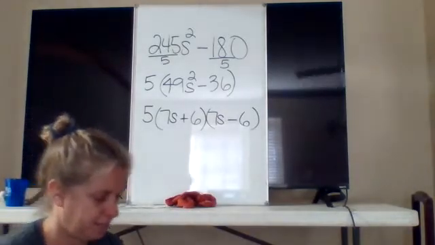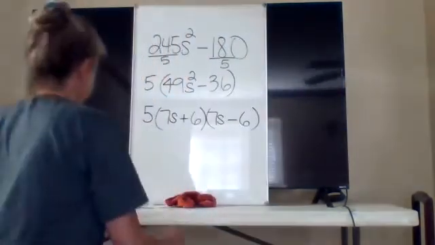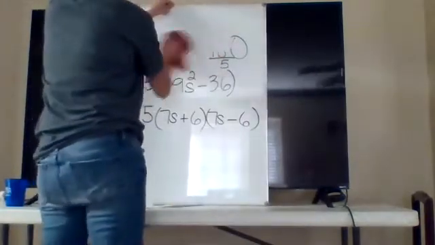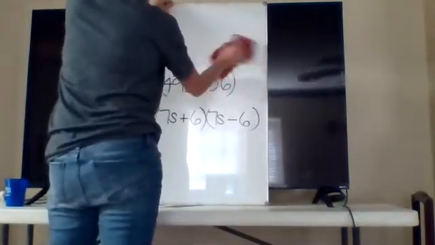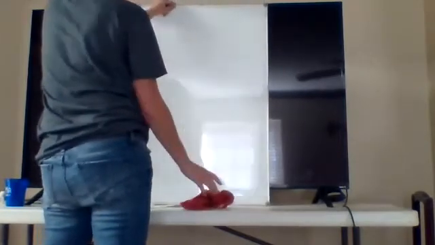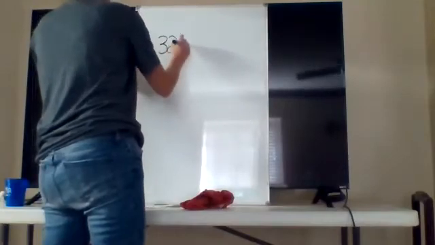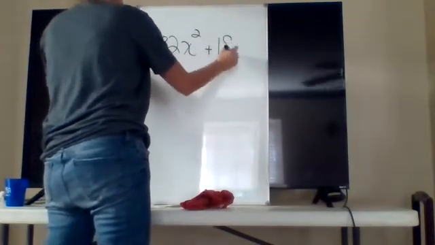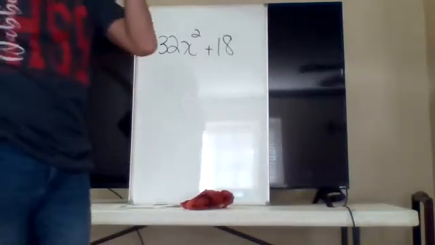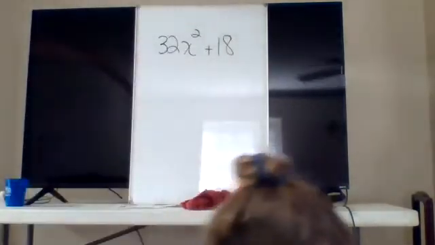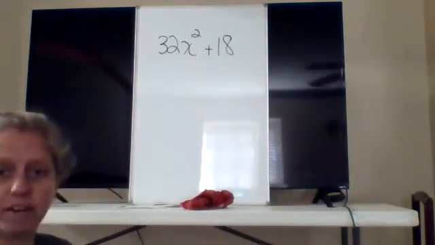All right, number 6. Number 6 says we have 32x squared plus 18. So let's see. Do they have a greatest common factor?